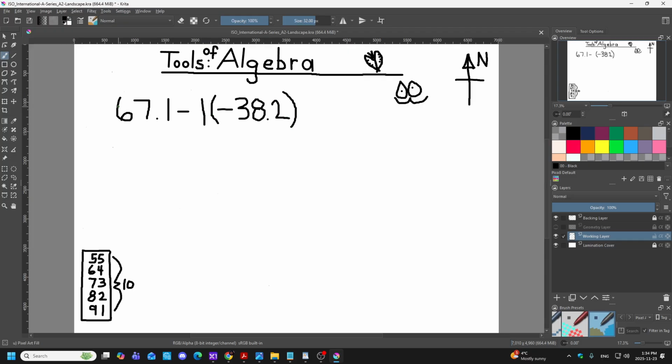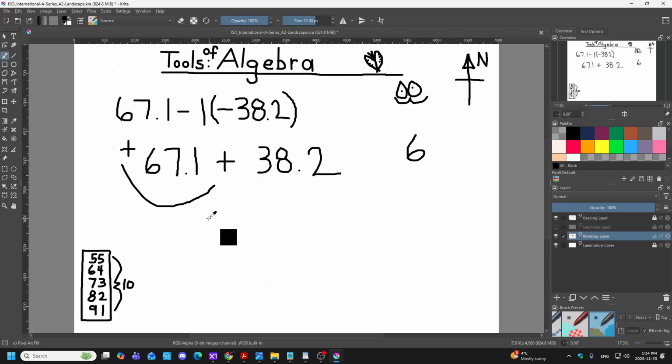Imaginary 1: 67.1 plus 38.2. Simple math, simple additions, same signs. We are increasing. I can add these values together.